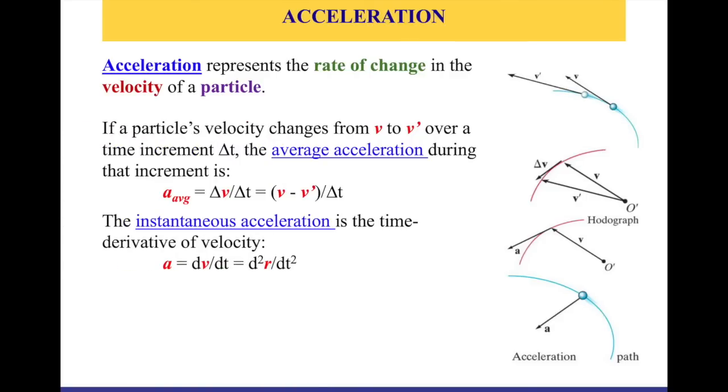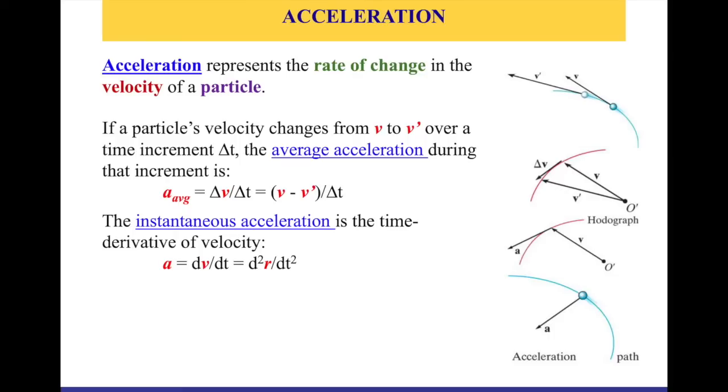If a particle's velocity changes from v to v bar, which is v final, over interval delta t, the average acceleration will be the change of velocity divided by the change of time. Then, if we assume that delta t goes to an infinitesimally small quantity, the acceleration would be the derivative of the velocity with respect to time, or the second derivative of the position with respect to time. So this is how we get the values of acceleration.